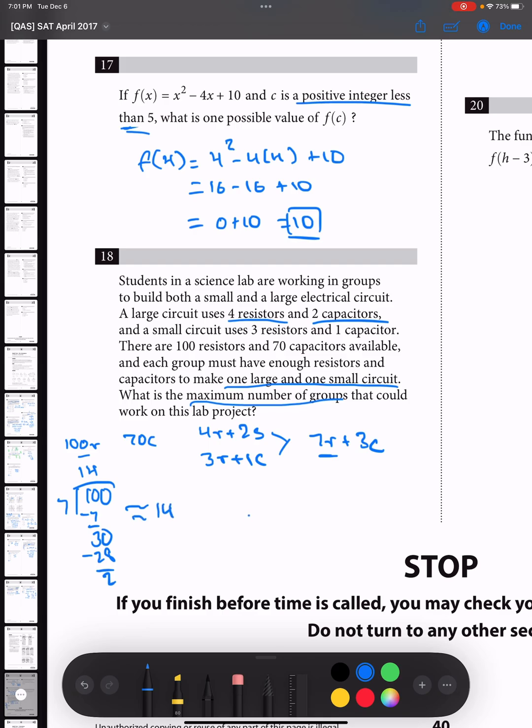And then for the next one, 70 divided by 3 is approximately 23. We want the smaller number because it does say maximum, but because our value goes above the amount of capacitors we need, our answer will be 14.